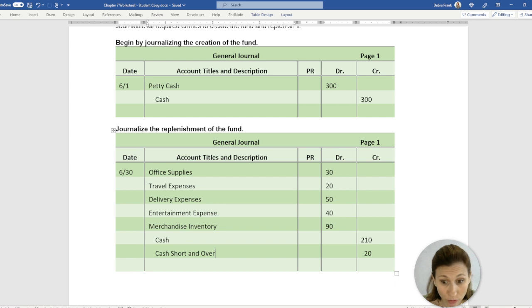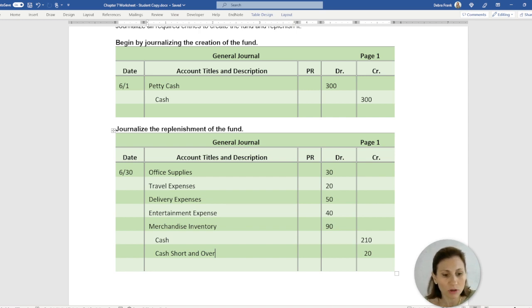In our case, they had $90 sitting in the fund, and it should have been $70 based off of the 300 balance and the 230 in tickets, right? It should be $70, but we had 90. So we had an overage. Think of overage as like revenue, income. So the normal balance for cash overage will be a credit. And that's why we have a credit for 20 bucks.